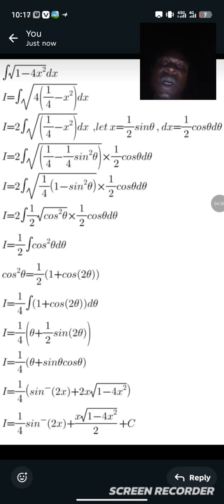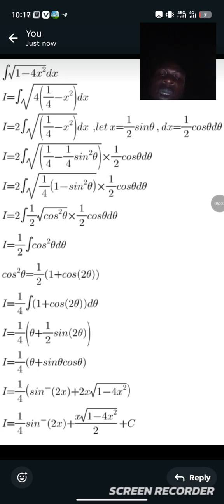Now if you come back to the initial assumption that x equals 1 over 2 sine theta, we can multiply by 2 and say that 2x will be equal to sine theta. And from there we can come to a conclusion. If we take sine inverse on both sides, theta is equal to sine inverse of 2x.